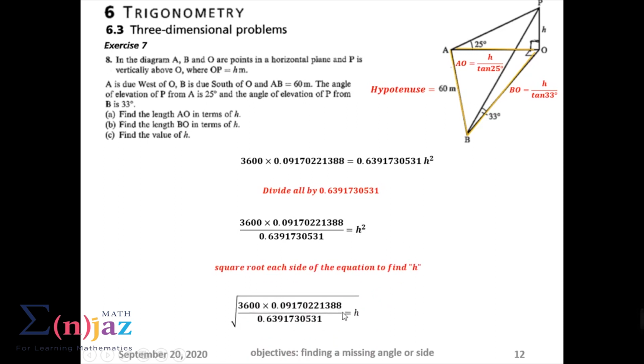Accordingly, h is equal to 3,600 times 0.0917 over 0.639, all under the square root. This is ready to be inserted in the calculator, and if you insert it, you're going to find h as 22.7 meter, and this answer is correct to 3 significant figures.